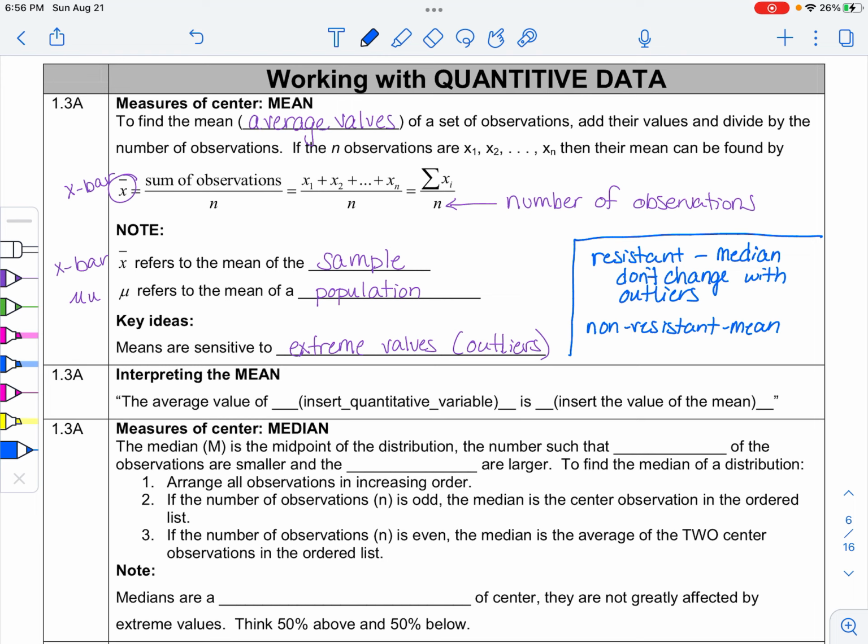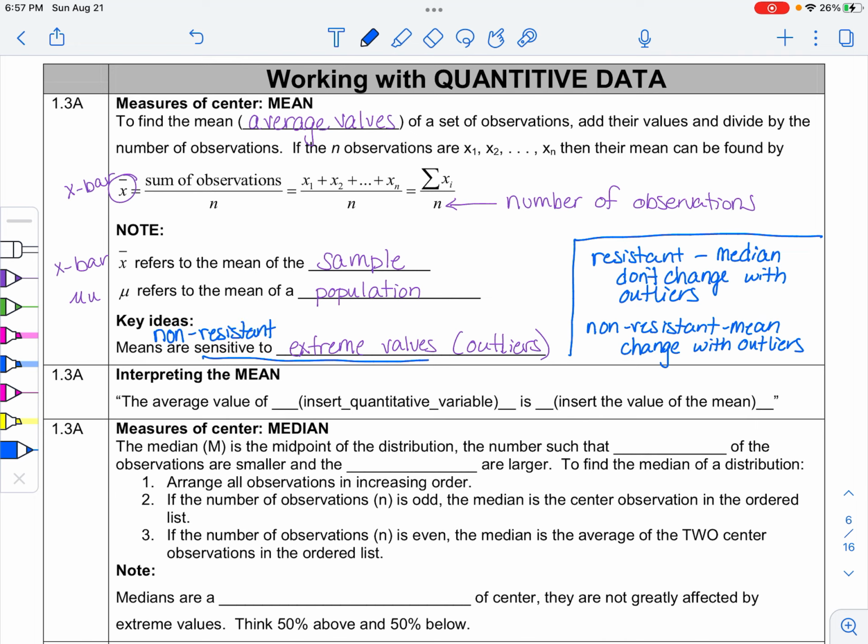But the median income would not change very much, whether Jeff lived here or not. So non-resistant measures are definitely sensitive to those extreme values. They are pulled in the direction of those extreme values. They change with outliers. So we're going to see these words resistant and non-resistant. Your mean would be considered non-resistant.